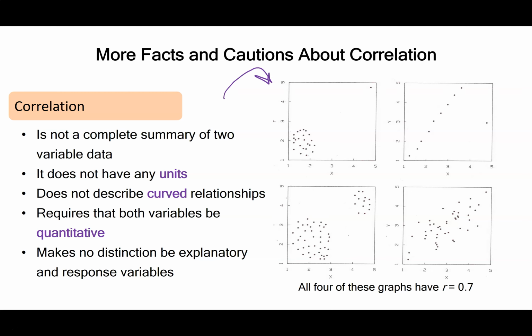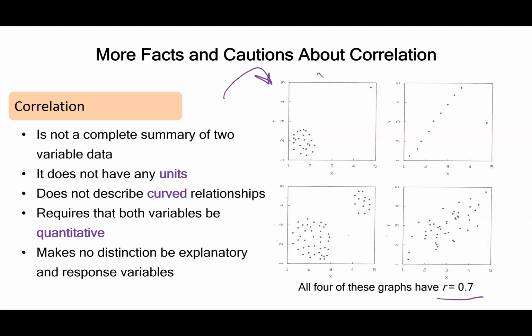For example, all 4 of these scatter plots here have the same correlation coefficient. So if I just said, hey, I have a scatter plot that has a correlation coefficient of 0.7, it's not giving you a complete picture because none of these pictures look exactly the same or even roughly the same.